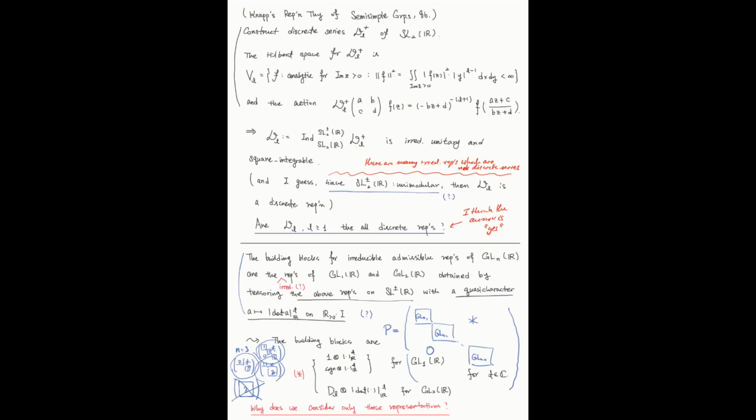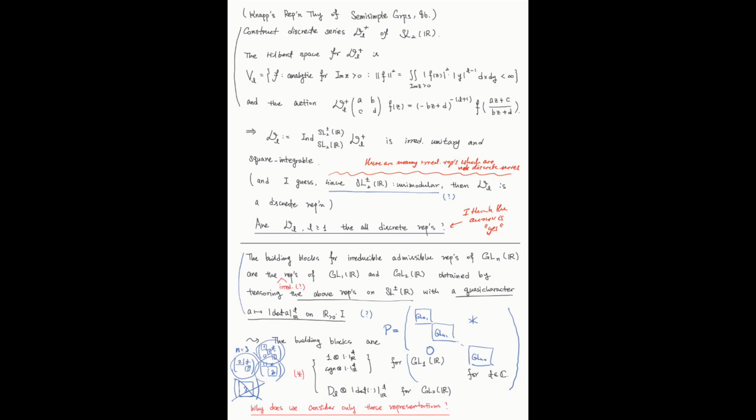So there is a construction for the discrete series D_l plus of SL2(R) from Knapp's book. The Hilbert space for D_l plus is V_l, of functions F analytic for imaginary part greater than 0, such that the norm squared is finite, and the action of the matrix (a b; c d) is like this.